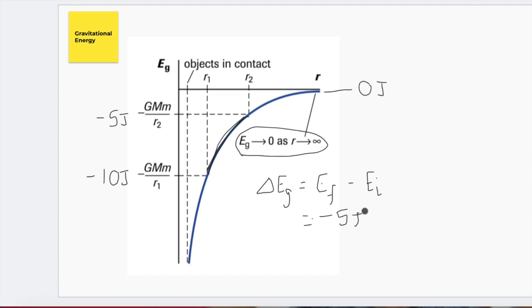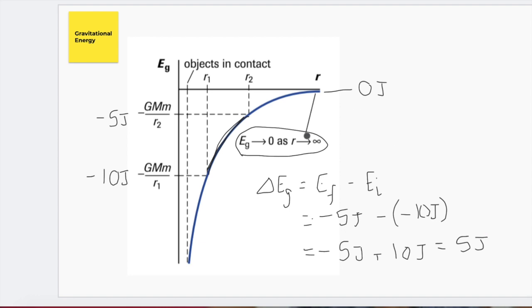Good heavens. Minus negative 10 joules. I think you see where this is going. When I subtract a negative, it becomes positive, and so in this case, I have negative 5 joules plus 10 joules.